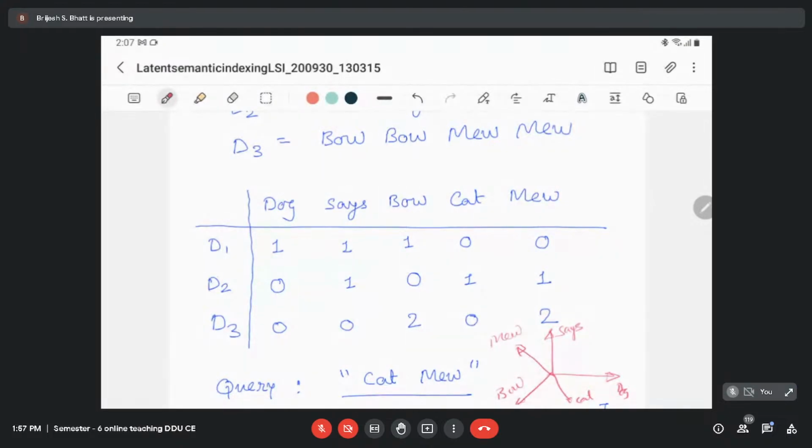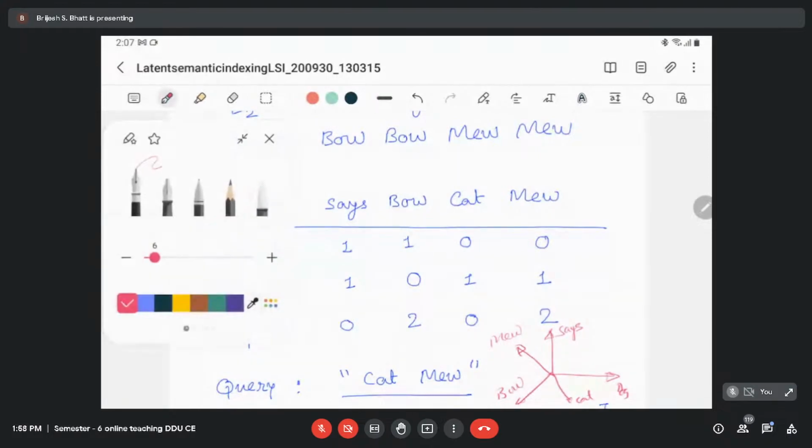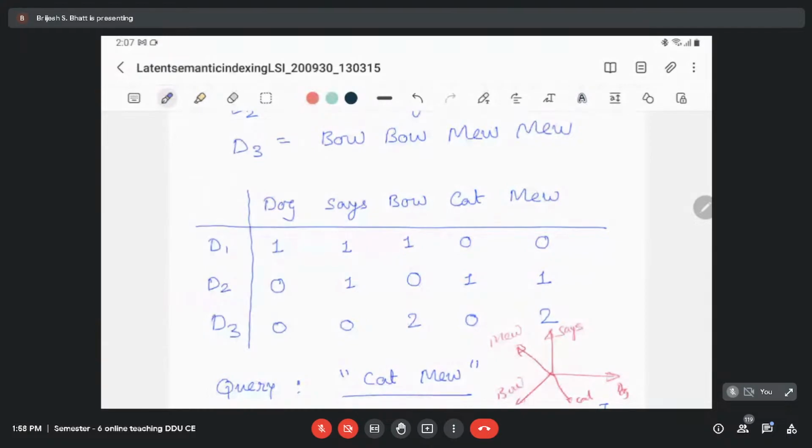And then every document will become a point in this five-dimensional space. So for example, D1 can be here. I don't know how to show it in five dimensions, but let's say D1 is here. D2 is somewhere here. D3 is somewhere here. And so on.